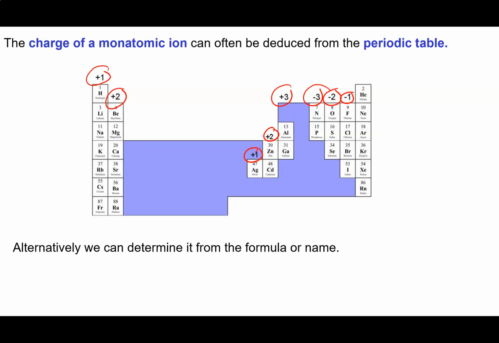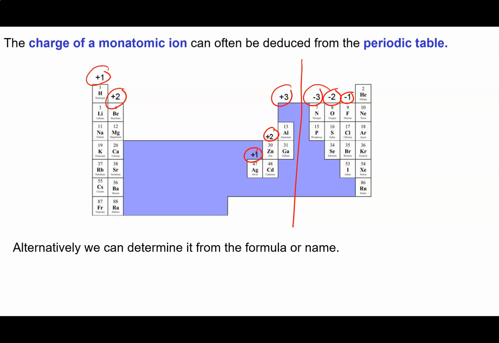Silver always forms a +1, zinc and cadmium always form +2, aluminum and gallium always form +3, and then we go into our non-metals, which form anions. Those in the nitrogen group, group 5A, always form 3- anions. Those non-metals in group 6A always form 2- anions, and those in group 7A, the halogens, always form 1- anions.